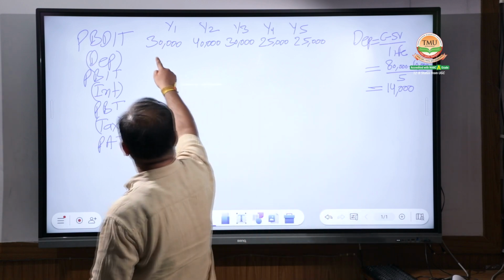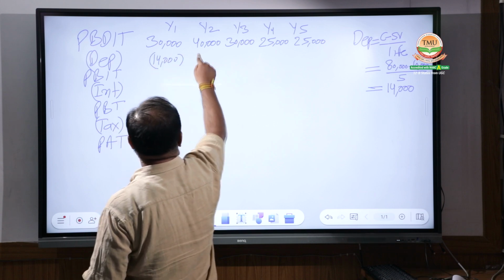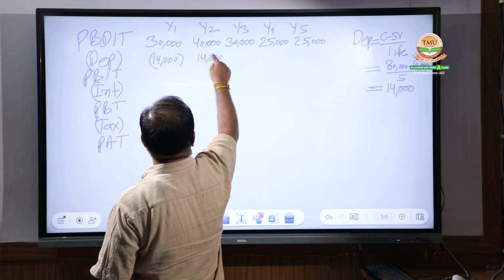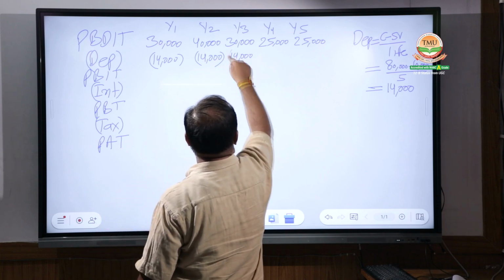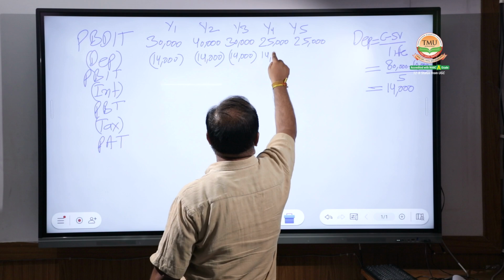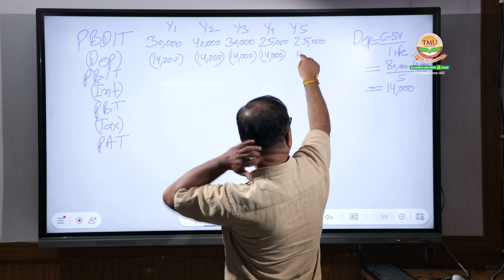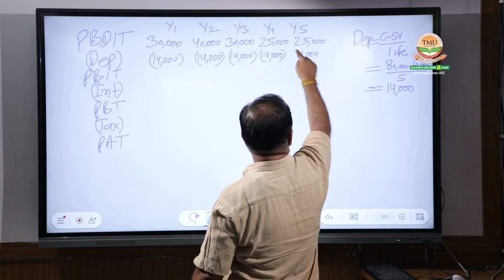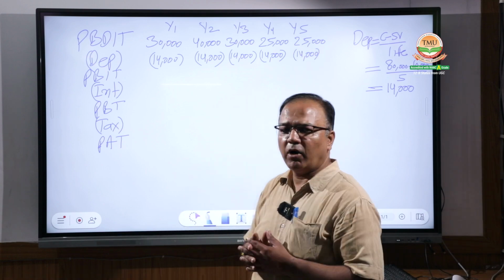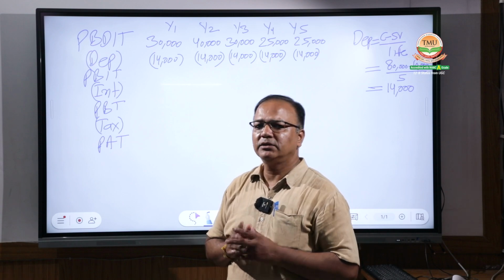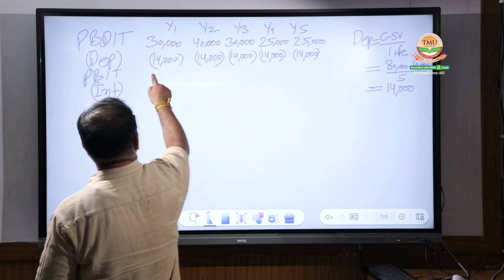Now we will write the amount of depreciation every year: 14, 14, 14, 14.